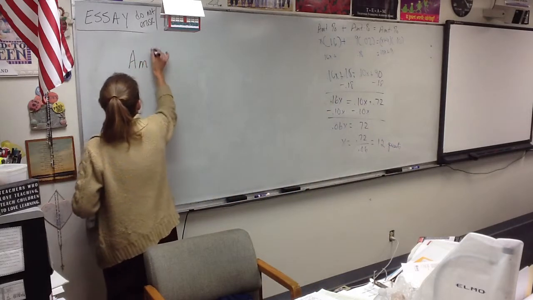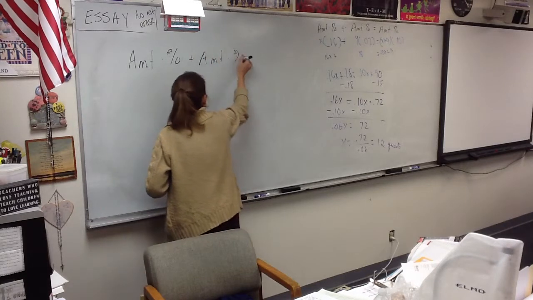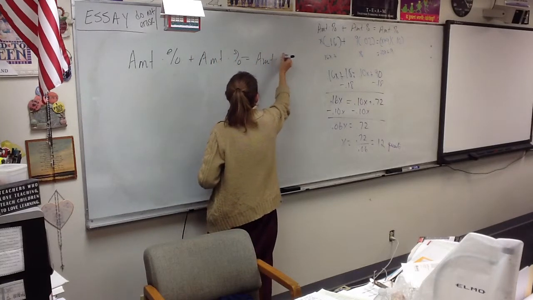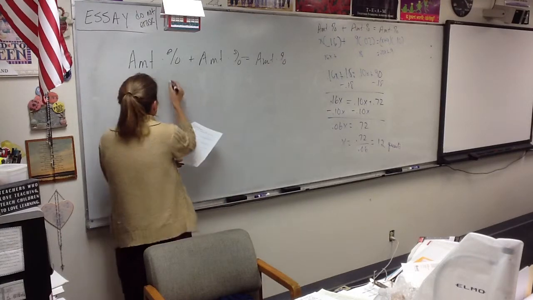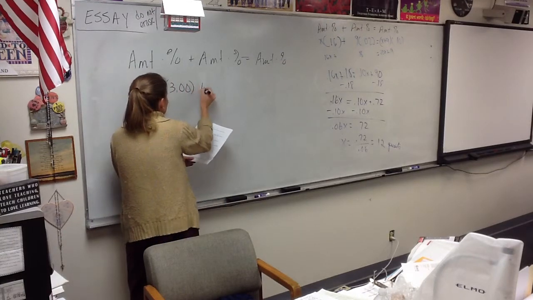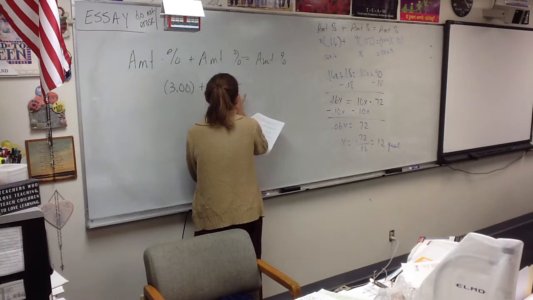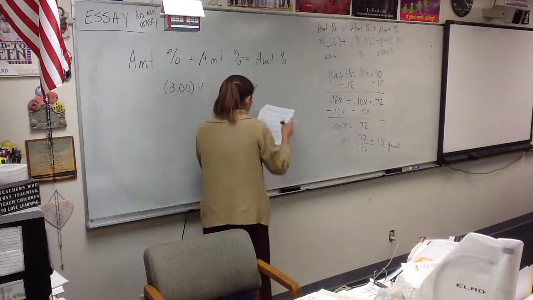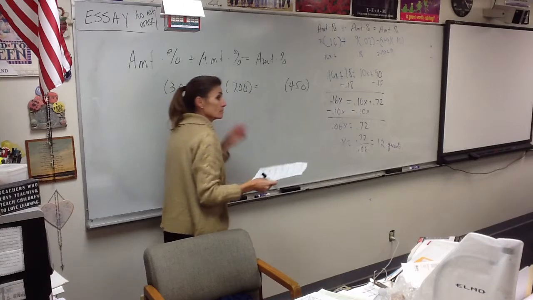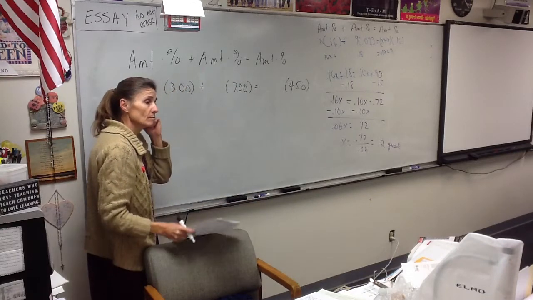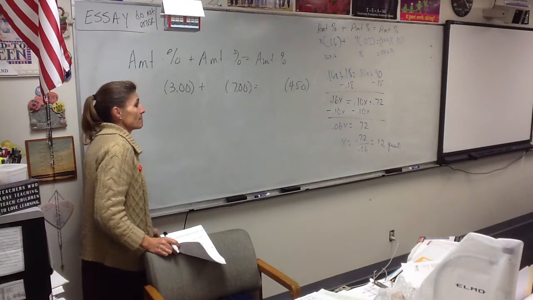So we're going to have amount times percent plus amount times percent equals amount times percent. Only instead of percentages, I'm going to put $3 and $7 and $4.50. The strategy is exactly the same.